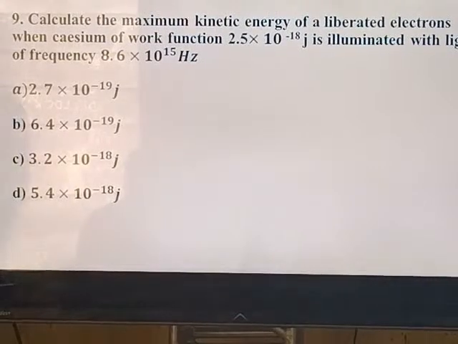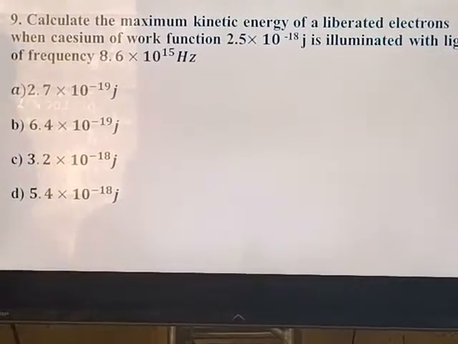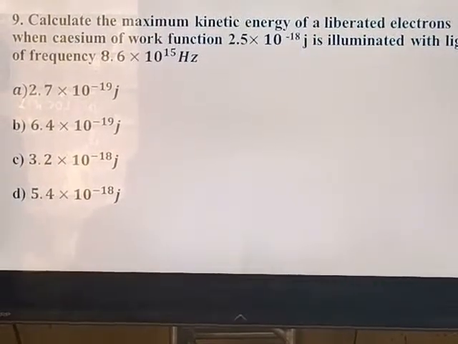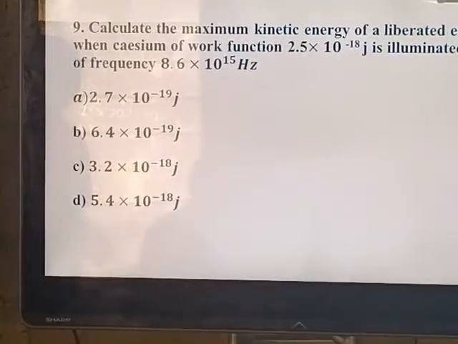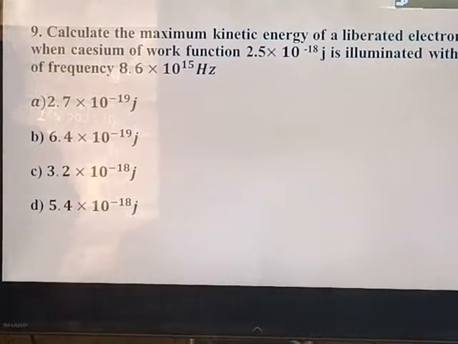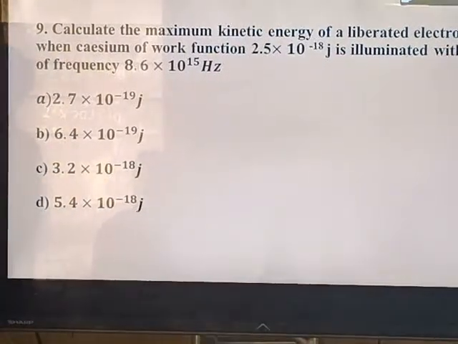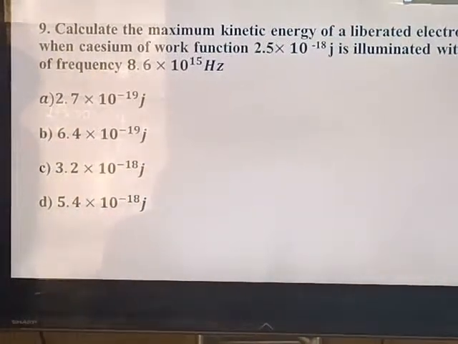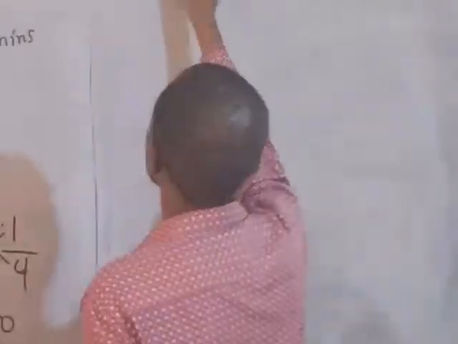Okay, let's look at number 9 now. Number 9 says, calculate the maximum kinetic energy of liberated electrons when cesium of work function 2.5 times 10 to the power minus 18 joule is illuminated with light of frequency 8.6 times 10 to the power 15 hertz. First things first, work function is represented by W naught.